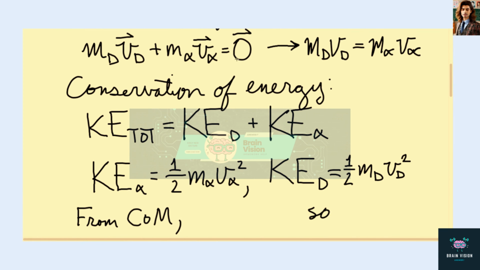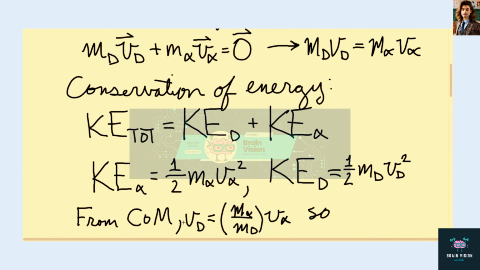Using these two, starting with the conservation of momentum, we can express the magnitude of the velocity of the daughter nucleus as m sub alpha over m sub daughter times the velocity of the alpha particle.